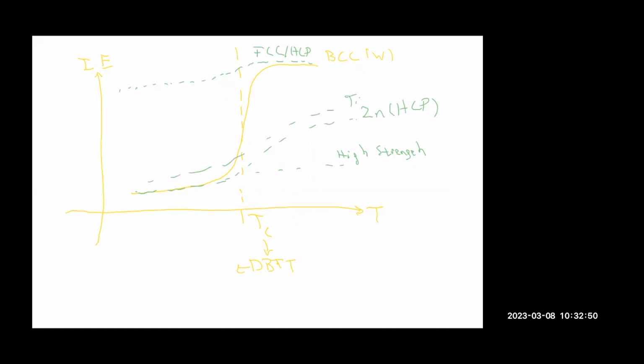But what is the main reason we have a critical ductile to brittle transition temperature for BCC material, but not for FCC or HCP materials? Any idea?